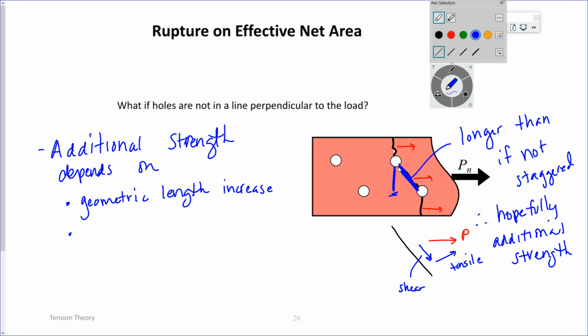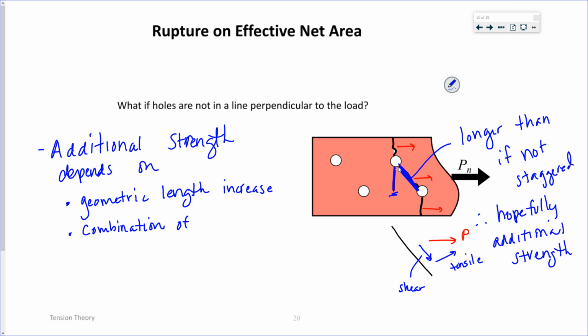However, it is kind of hard to calculate, which is why they did a bunch of research and they came up with design equations that we'll talk about in the next lecture.